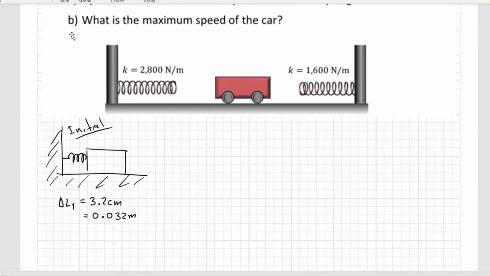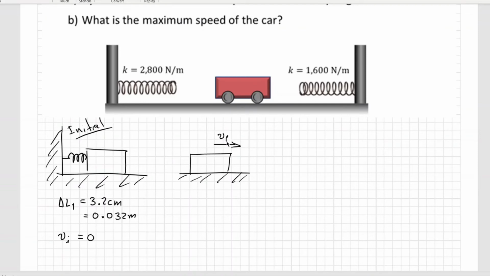And we know that when the spring is at maximum compression, the speed of the car will be 0. So the initial velocity of the car is 0. At the final time, we will have the car moving between the two springs.